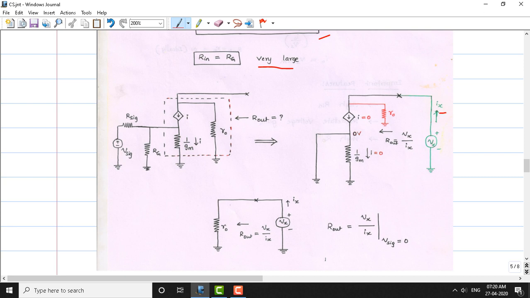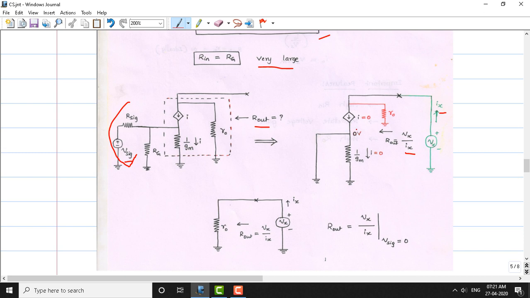The definition of Rout is this voltage source Vx divided by Ix. Here the input voltage should be 0, which means we should not apply the signal source. If you make this signal source 0, this part is eliminated straight away and goes to ground.